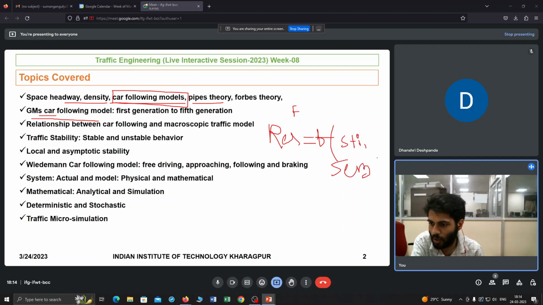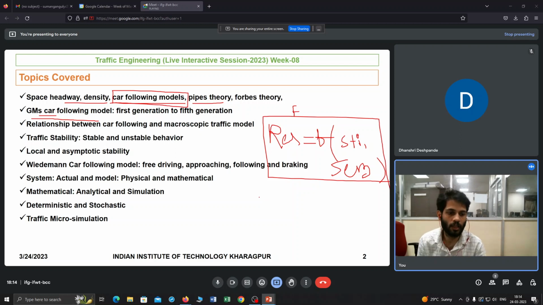So this is your model, the car following theory and the concept. Response means whether I should accelerate, whether I should decelerate my vehicle, or whether I should remain at the constant speed, right? So that is called the response: acceleration, deceleration, or no change at the same speed.